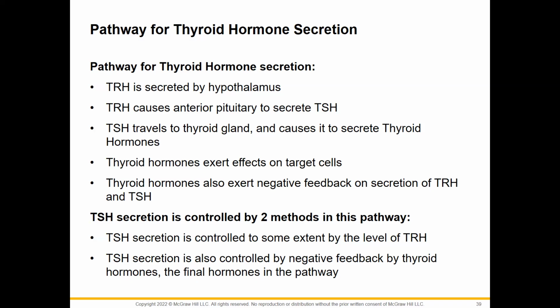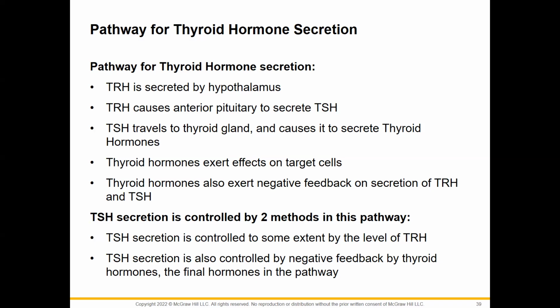That works on the anterior pituitary. As the TRH is being released, it goes through the portal vein that connects the hypothalamus to the anterior pituitary. Remember, a hormone is defined as a substance that is released into the bloodstream.